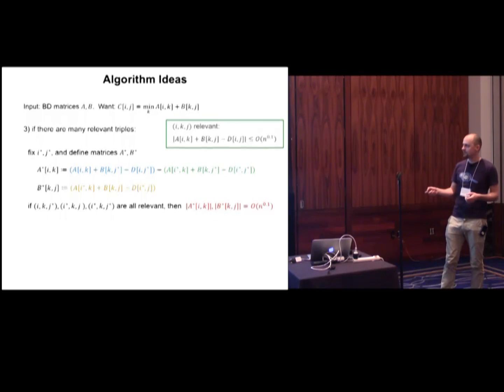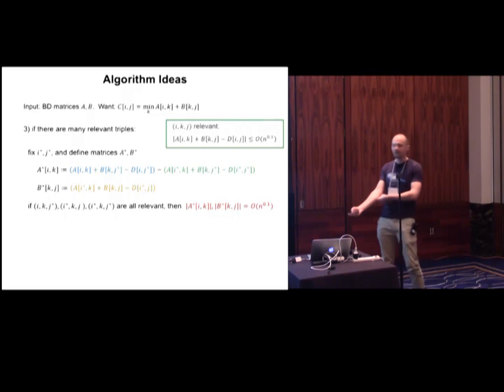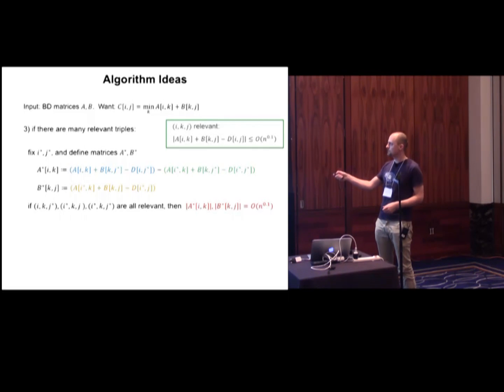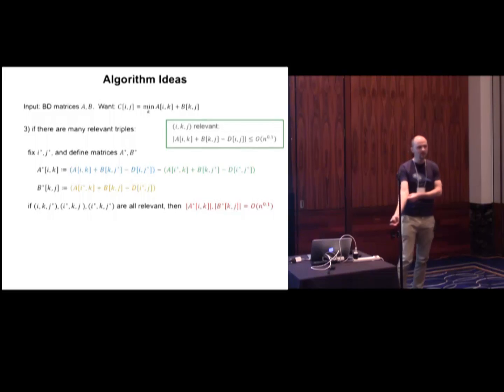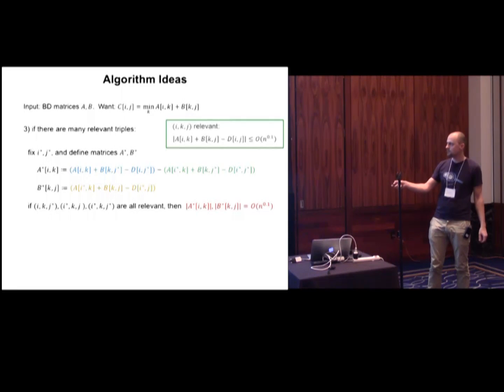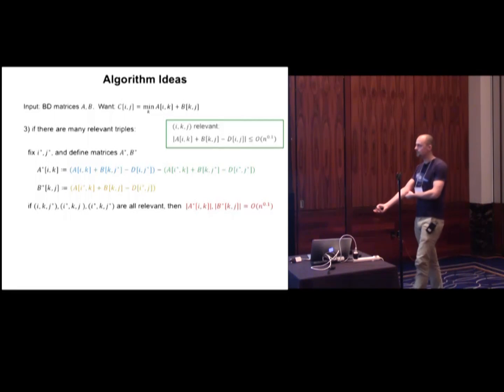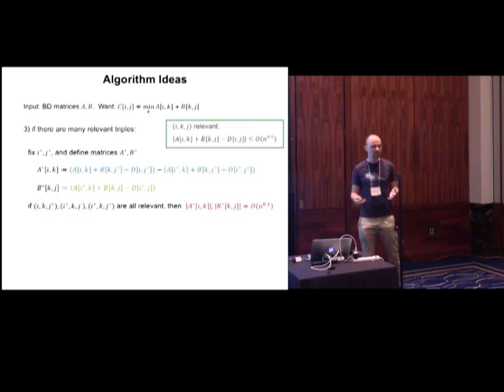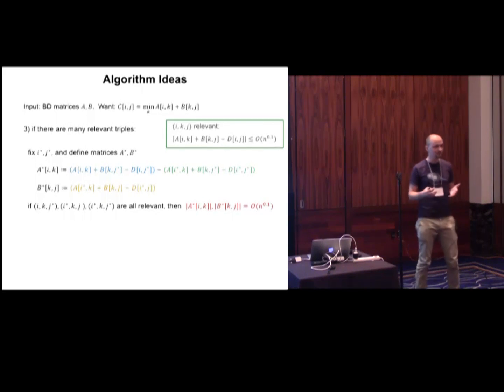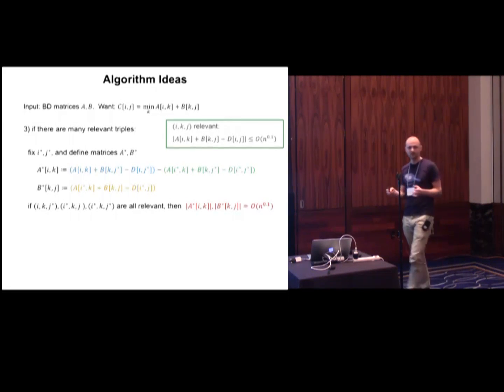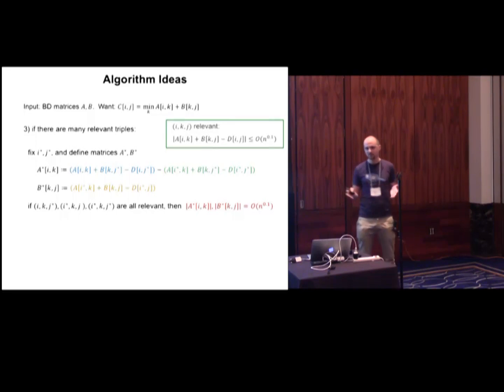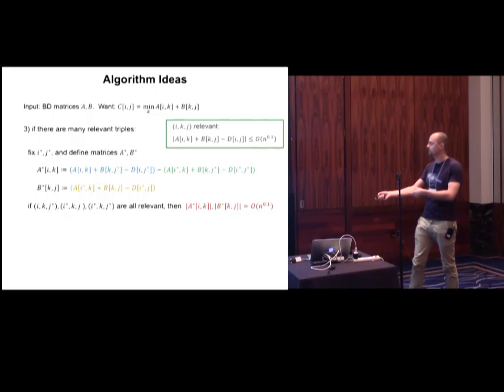So if these three triples corresponding to these three terms are all relevant, then these three terms have small absolute value, meaning that these entries of the new matrix have small absolute value. And this was the first case that I told you can be solved quickly. If all of the entries of the matrix have small absolute value, you can quickly compute the min plus product.